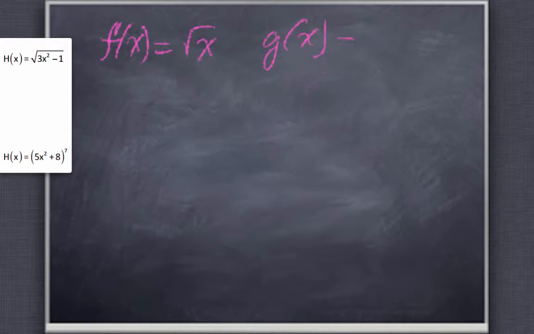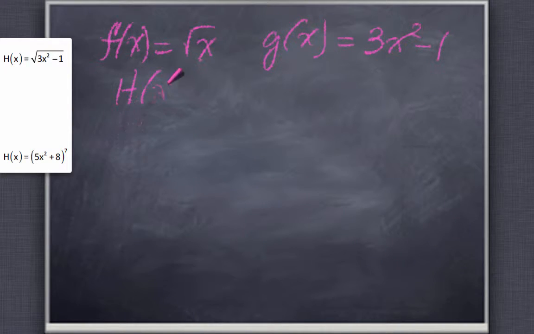That's the outer function. So I'm going to write down that rooting is a thing that's happening. But before I can root it, I need to plug it into 3x squared minus 1. So that's the inner function, the thing I plug it into first before I do the outer function.